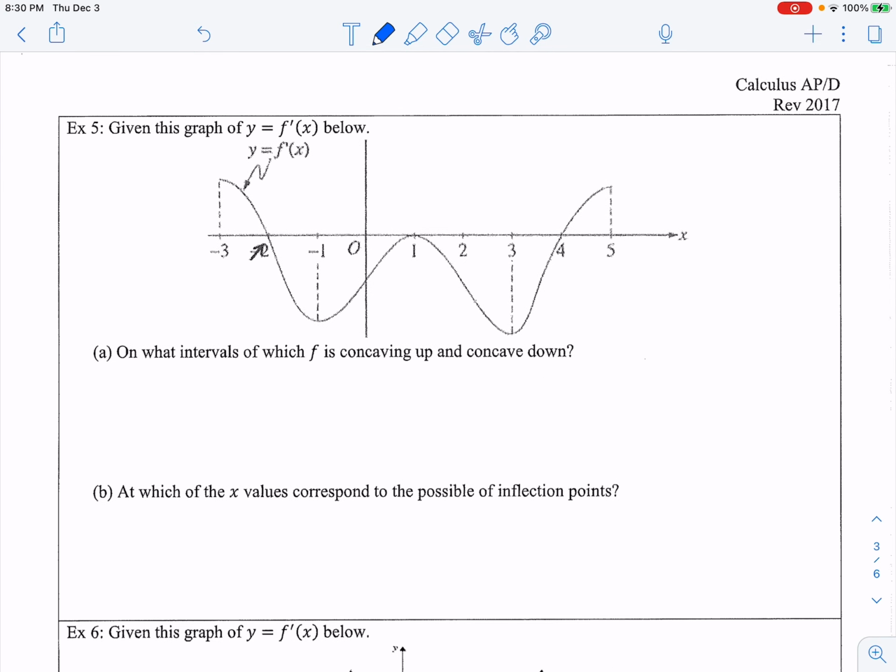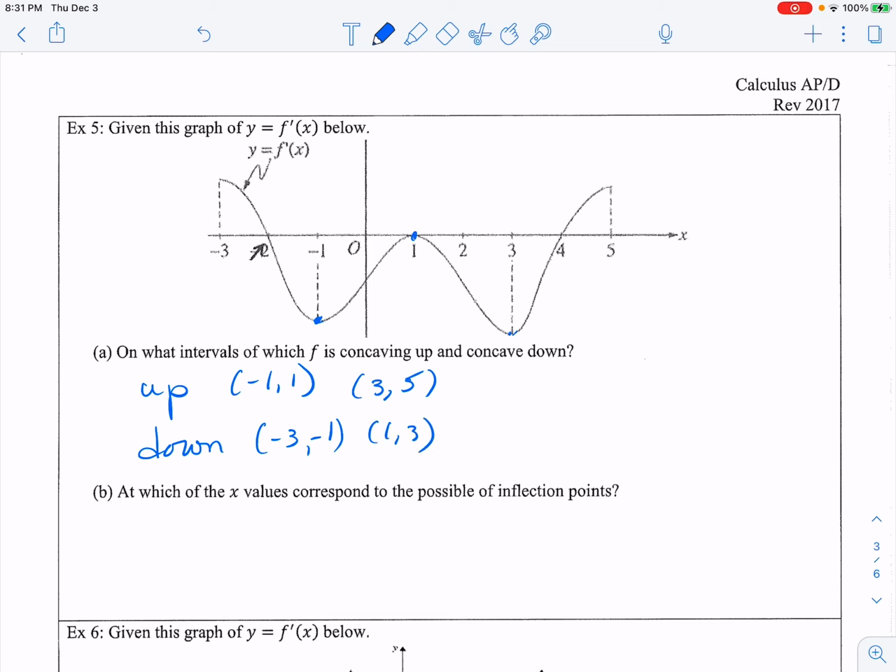Asking for concave up and down. Okay, so up is when this function's increasing, so it increases from negative 1 to 1, and from 3 to 5. It doesn't matter that it changed from negative to positive, it's just the fact that it's increasing. Okay? And it's down where this is decreasing, so negative 3 to negative 1, 1 to 3.